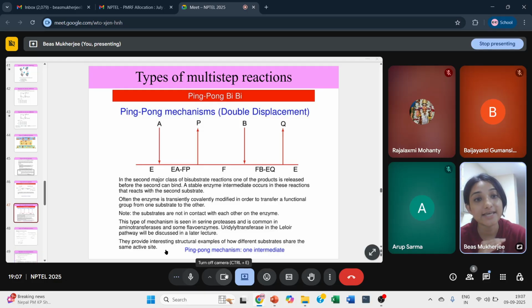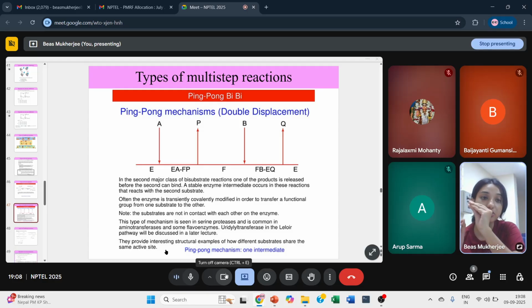In the second major class of bi-substrate reactions, one of the products is released before the second can bind. A stable enzyme intermediate occurs in these reactions that reacts with the second substrate, right? So the enzyme is undergoing conformational change constantly. So often the enzyme is transiently covalently modified in order to transfer a functional group from one substrate to another substrate.